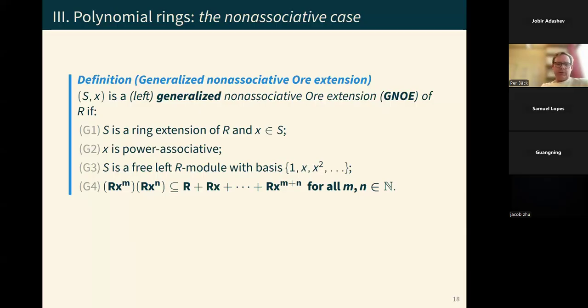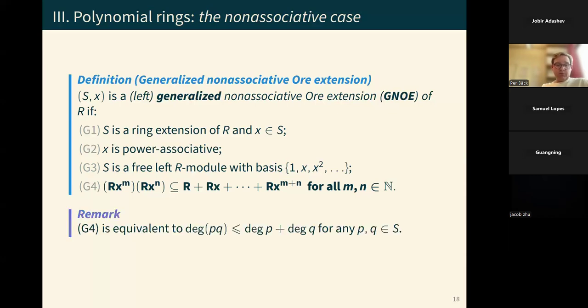And the degree of a product should be less than or equal to the sum of the degrees. And this can be described as G4 here. So it's completely equivalent to the degree of a product being less than or equal to the sum of the degrees. Okay, so this is a wish list.